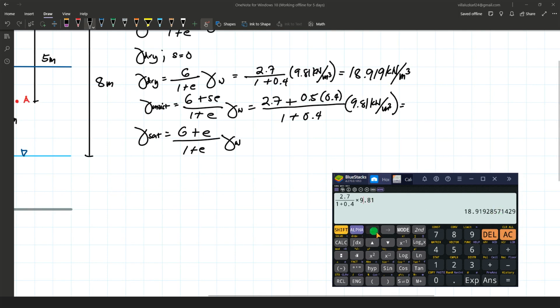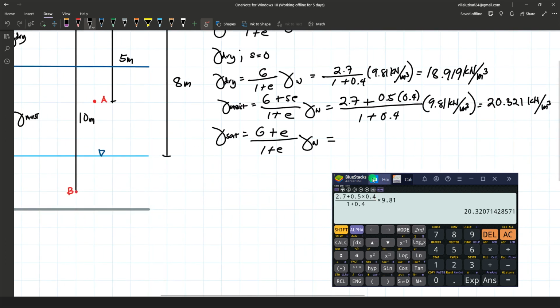So that is equal to, just continue this, plus 0.5 times 0.4, 20.321 kilonewtons per cubic meter.